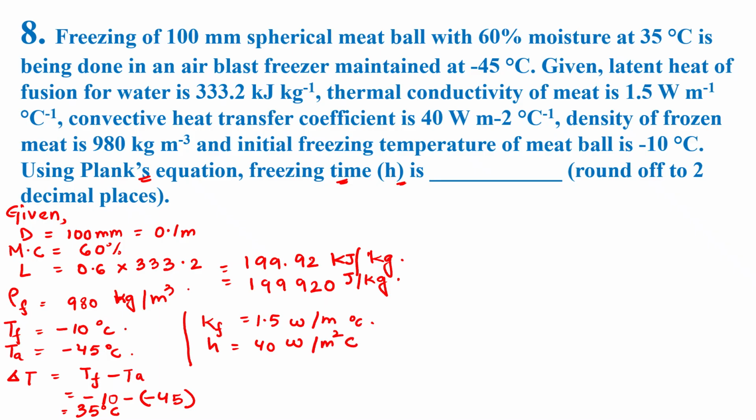Now Planck's equation, that is Tf is equal to L rho by delta T into Pa by h plus Ra square by Kf. Now since spherical is given, so for sphere P is 1 by 6 and R is 1 by 24, the shape factors. So we'll just put the values.